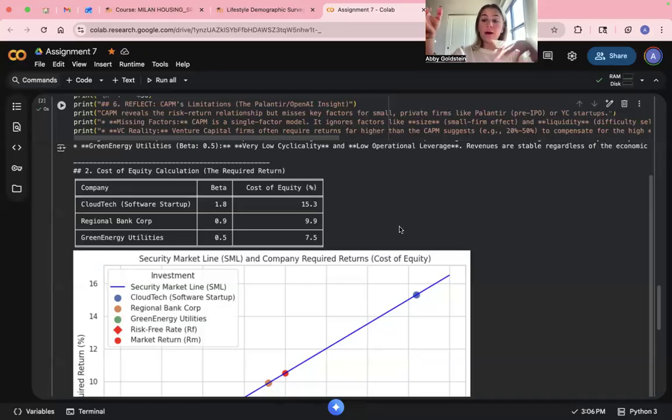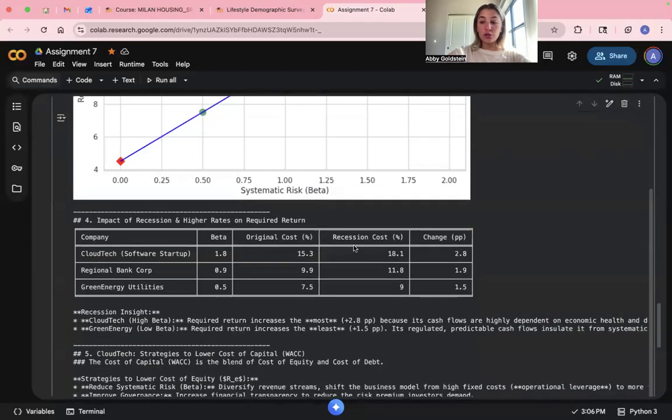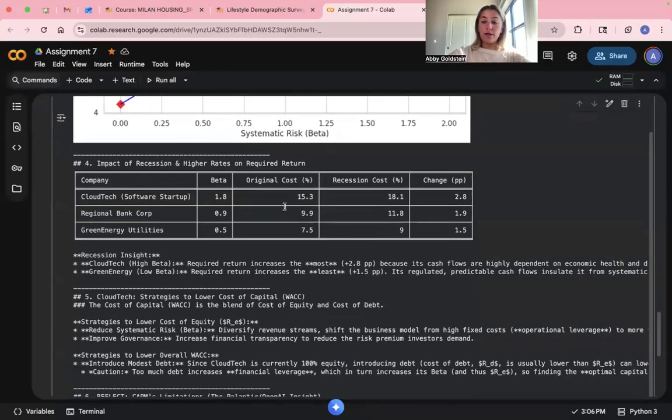And then finally, we were asked, how would a recession affect the required return? We ran a stress test in Python, assuming a 1% rise in the risk-free rate and a 1% rise in the MRP due to heightened volatility. So the code gave us another chart right here. The high beta company, Cloud Tech, is affected the most, seeing its required return jump by 2.8 percentage points.